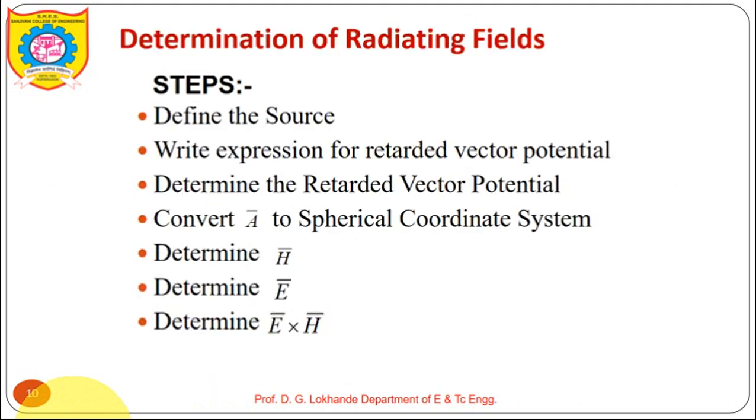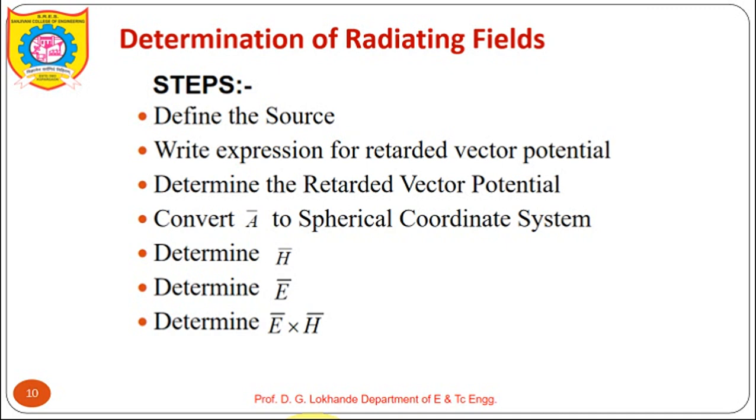Now there are some steps we need to observe for the radiation field. First, we need to define the source properly, whether it is an electric current source or a magnetic source. Then write the expression for the retarded vector potential, either in terms of A or F. Then determine the retarded vector potential. Then convert A bar to the spherical coordinate system, which is normally required.